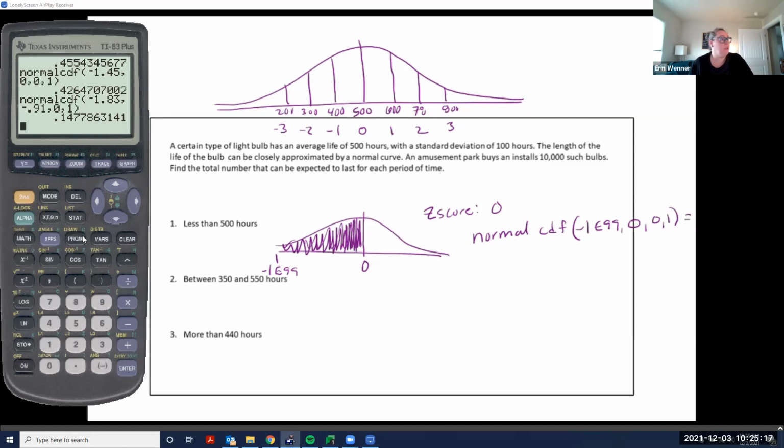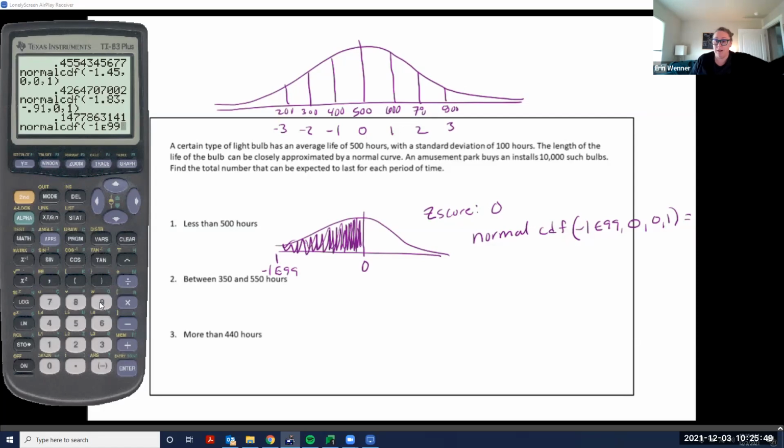So if we put this into our calculator, we're going to do second VARS, go down to normal CDF. So we want to do -1, and then to get the E part, we do second, and then the comma, which gives us that E in 99. Remember, -1 E 99 is as close to -infinity as we can get, because this curve does extend infinitely in both directions.